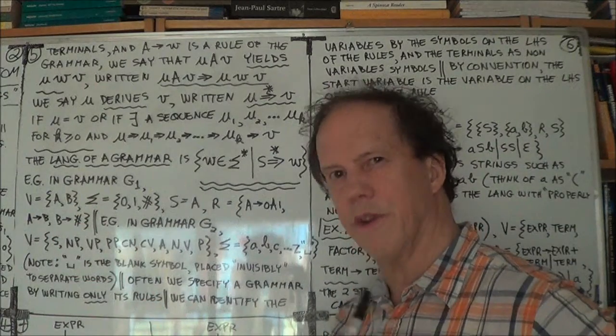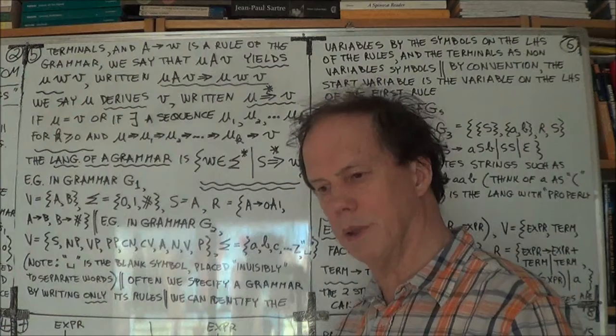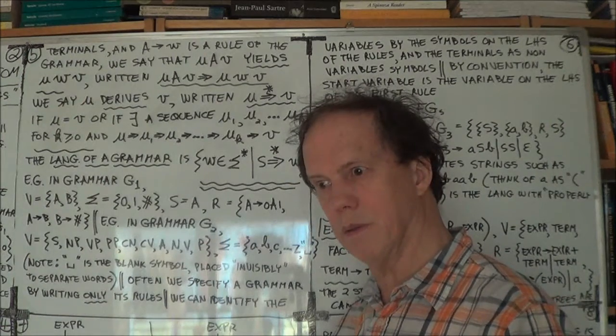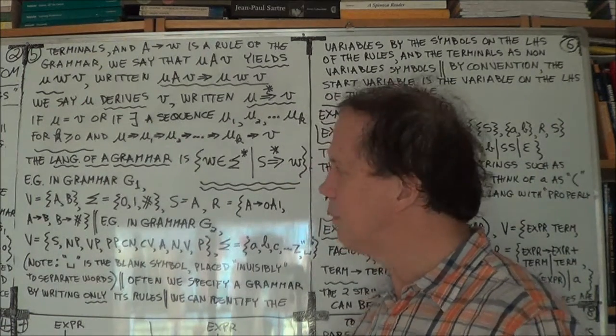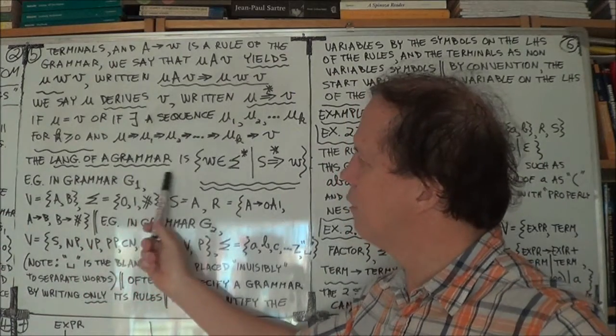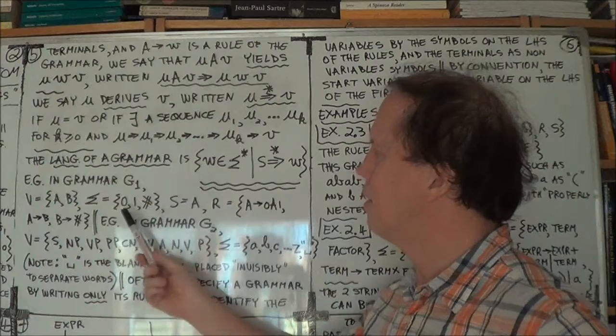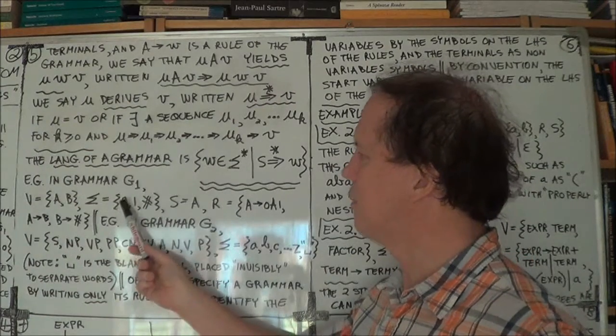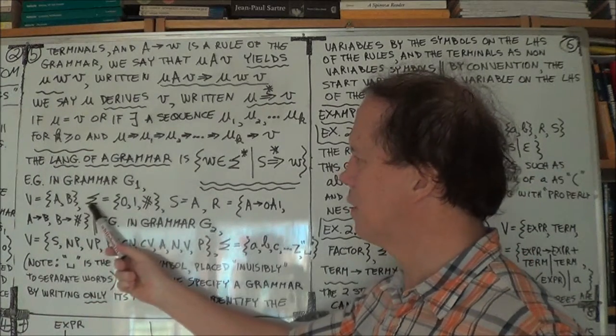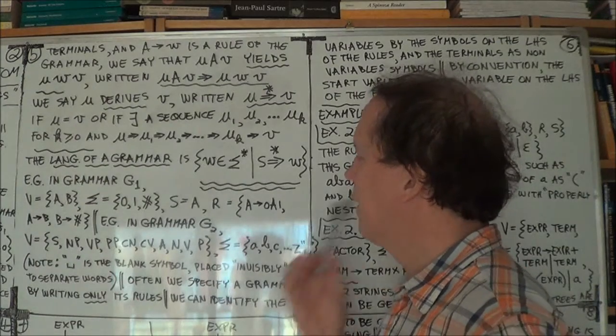It's the set of your variables, your variable symbols in your grammar. Well, for G1, if you remember, we only had two, A and B. And we only had three terminal symbols: 0, 1, and hash. So that's your capital sigma.